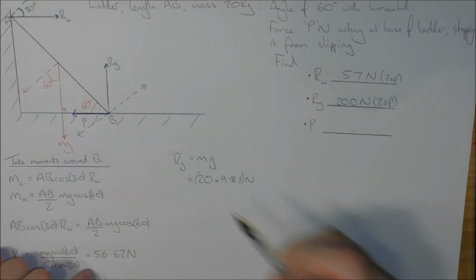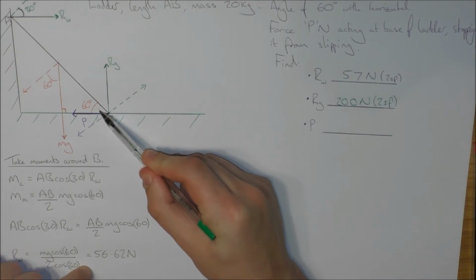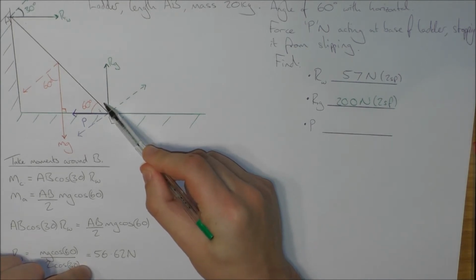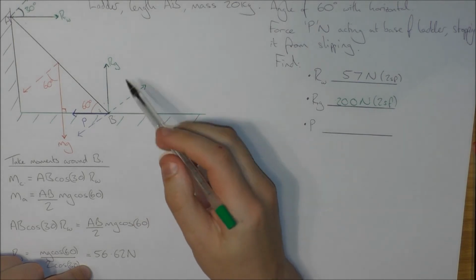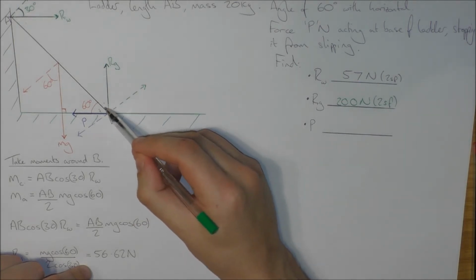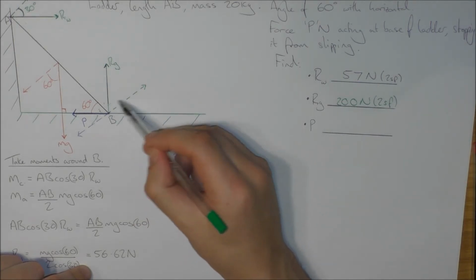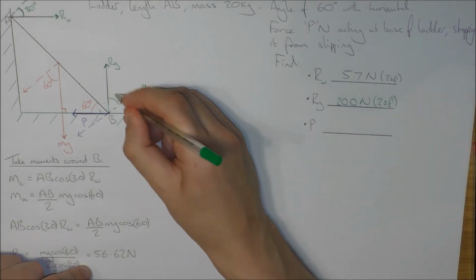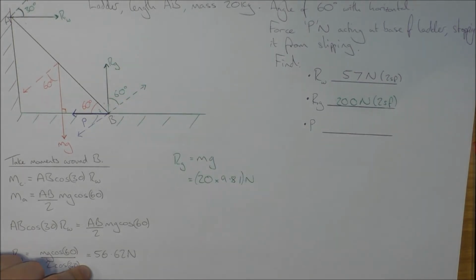So, if this angle is 60, this one must be 30 to make up 90. And if that angle there is also 90, which it has to be in order for me to resolve it, I know that that angle there is also 60 degrees.